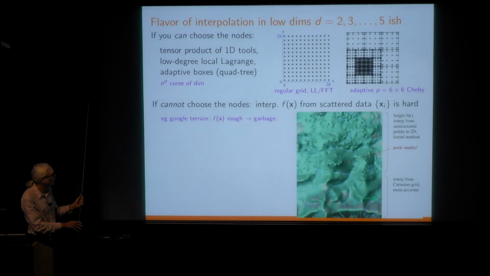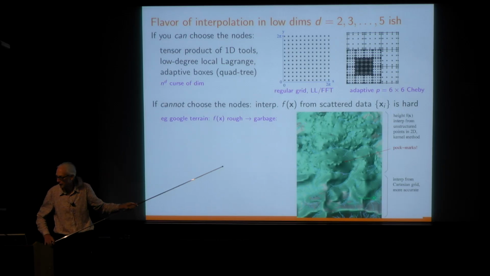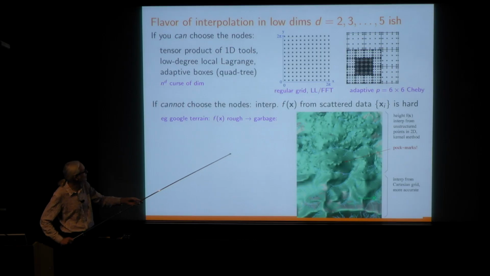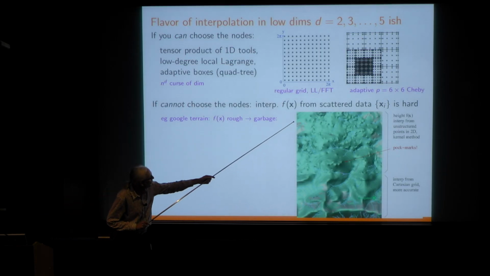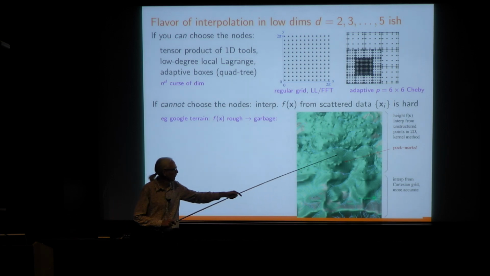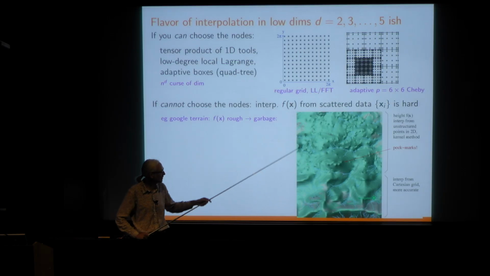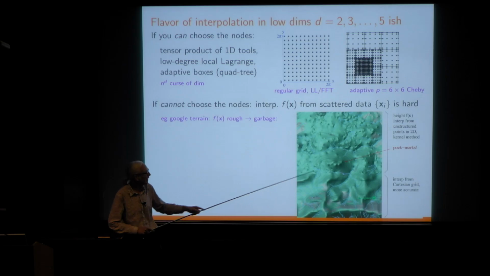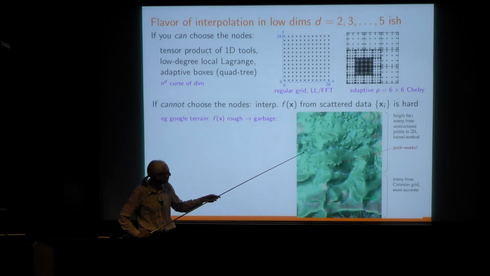If you can't choose the nodes and you've got randomly scattered data, things get a lot more fun. And I like showing this picture from Google Terrain, which I found. You can see there are point samples of the height of the terrain that have been used in some pretty ghastly spatial regression algorithm to interpolate the heights of these mountains in between those points.